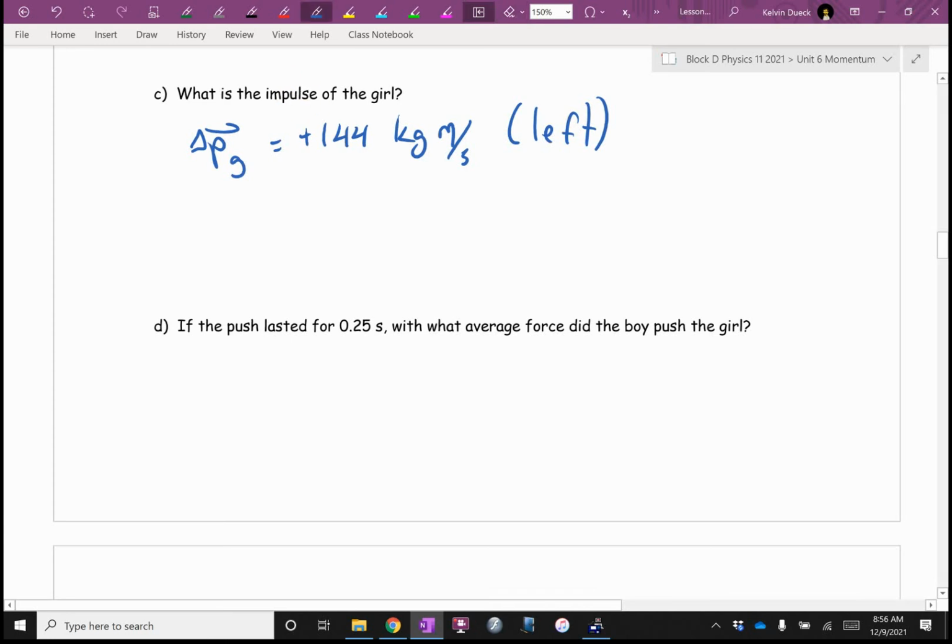Is there a version of impulse that has force in it? Does it have time in it? Oh, let's use that. Force is impulse over time. 144 over 0.25.